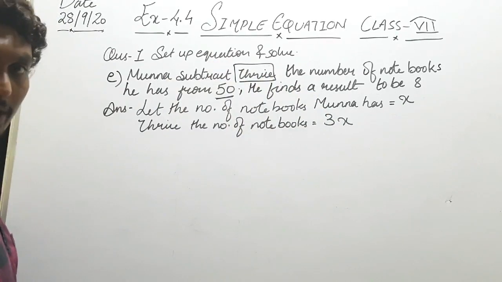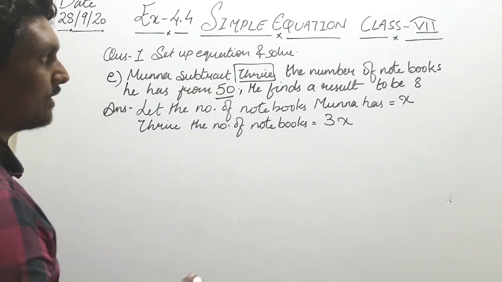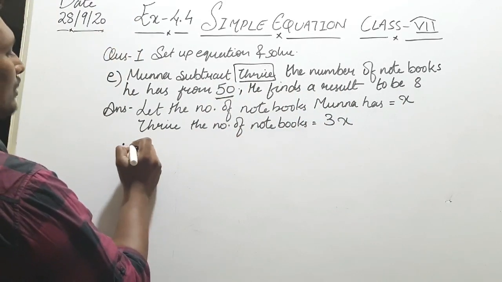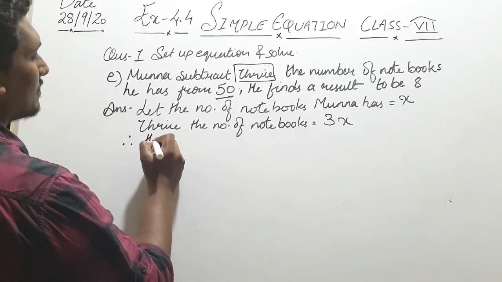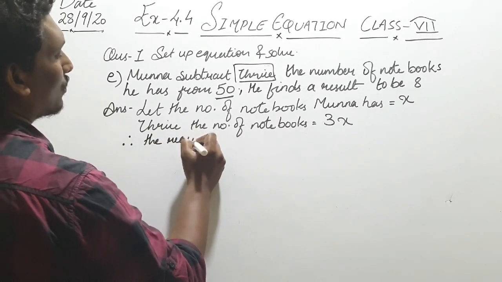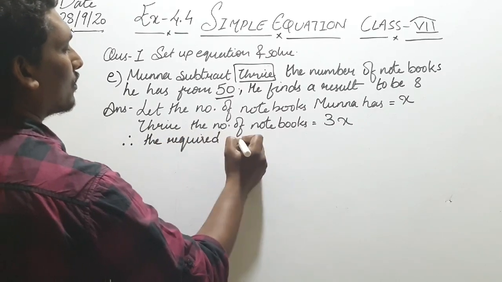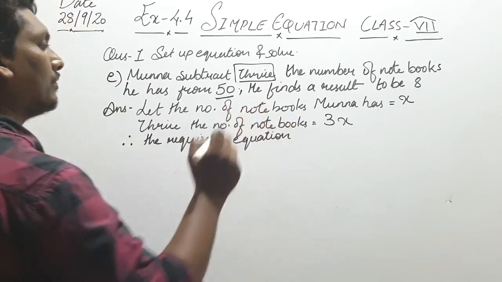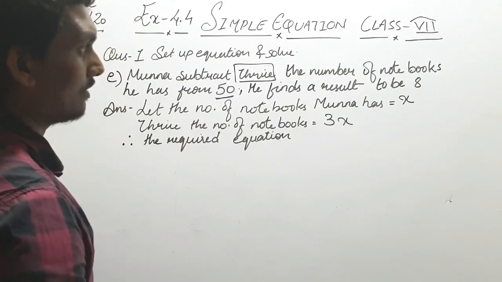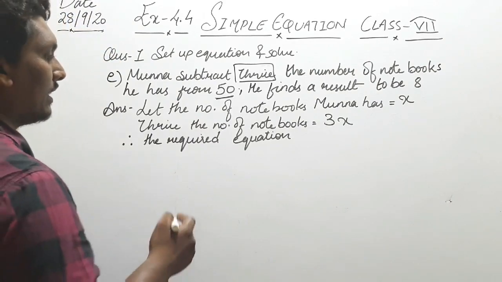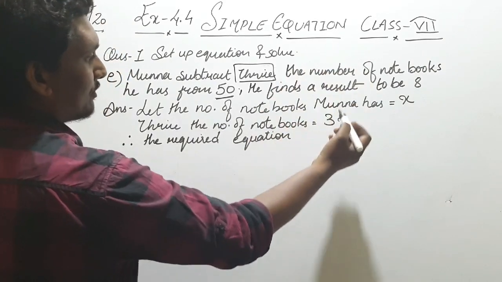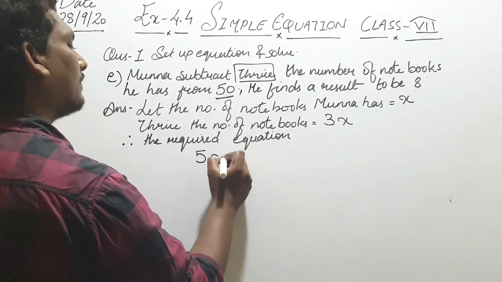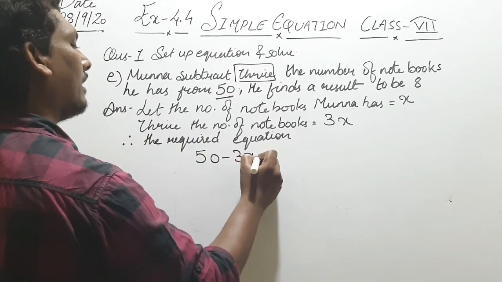Now this 3x he is subtracting from which number? 50. Here the case is different. He is subtracting this 3x from 50. Therefore, the required equation will be like this: 50 minus 3x.